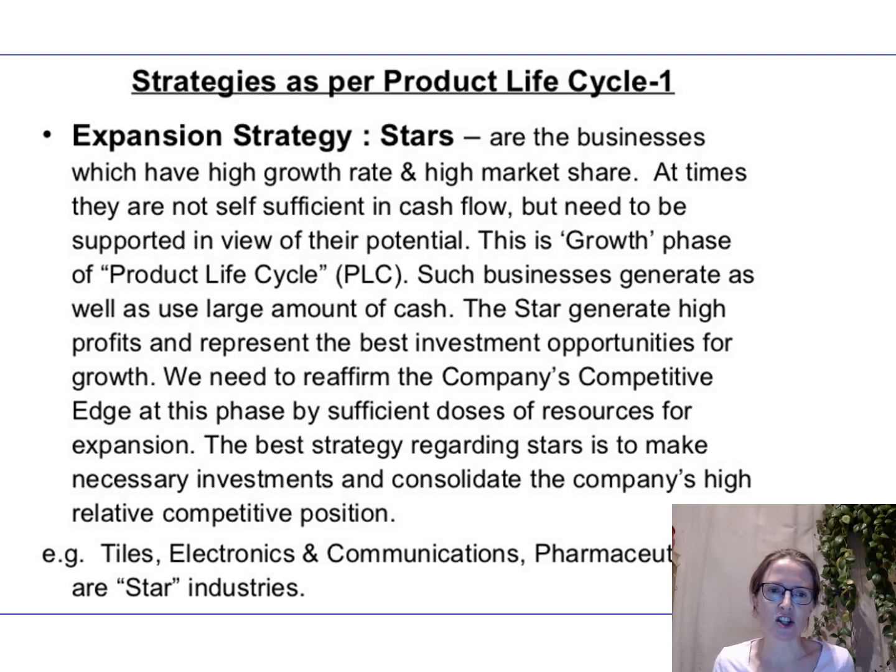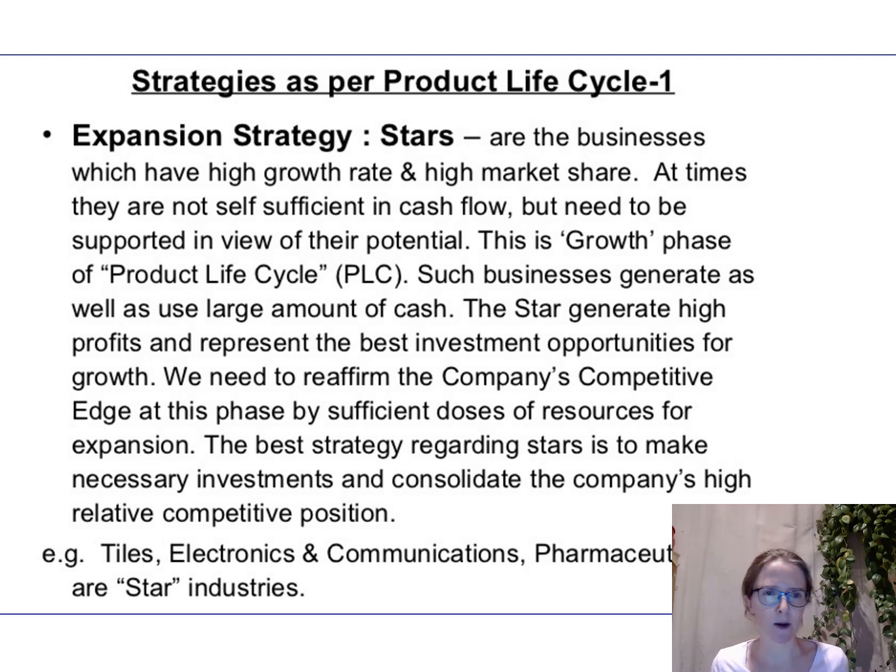And such businesses generate as well as use large amounts of cash. The star generates high profits and represents the best investment opportunities for growth. So we need to reaffirm the company's competitive edge at this phase by sufficient doses of resources for expansion. And the best strategy regarding stars is to make necessary investments and consolidate the company's high relative competitive position.